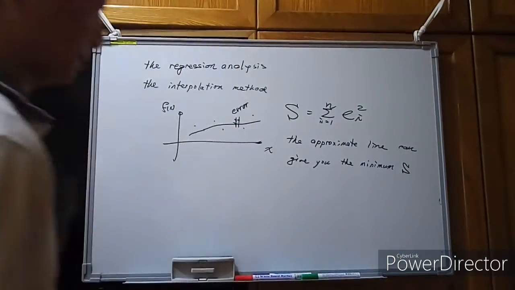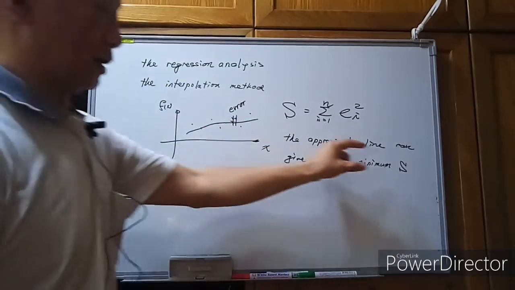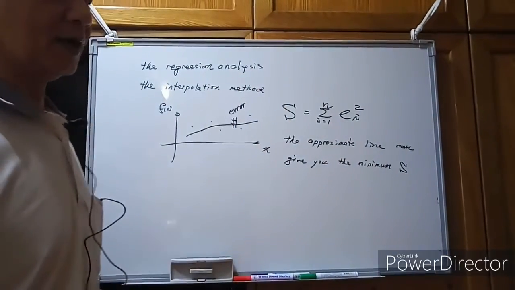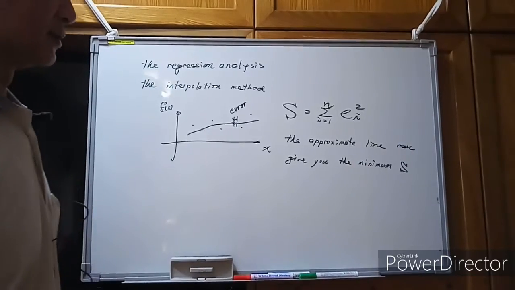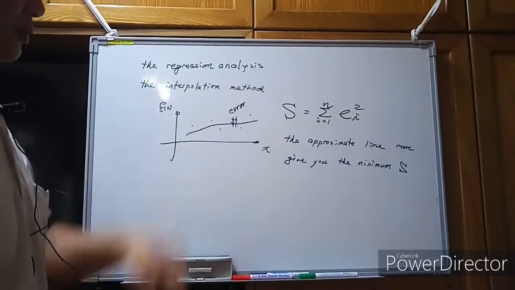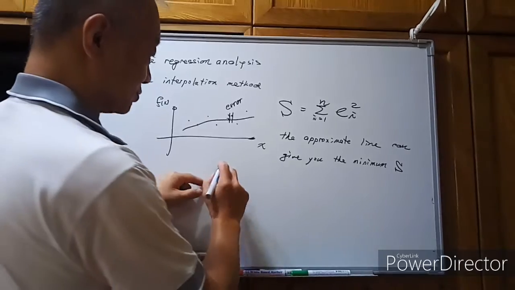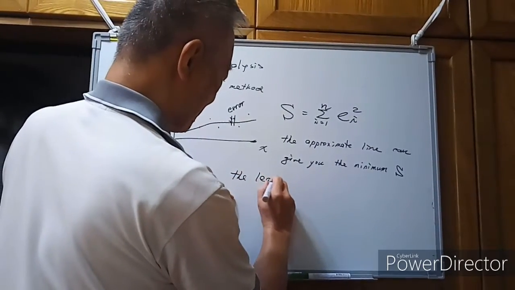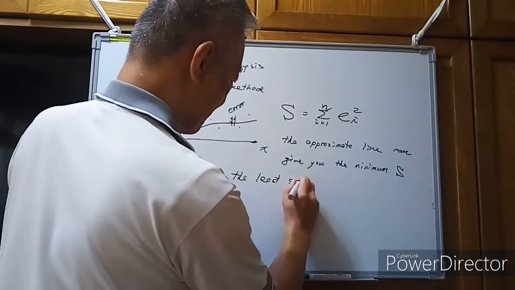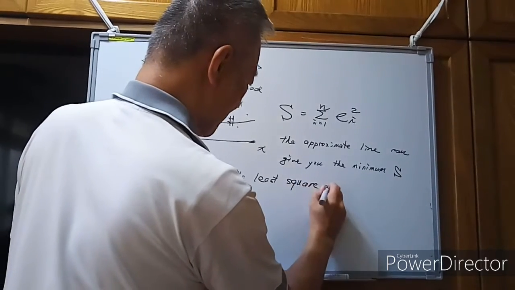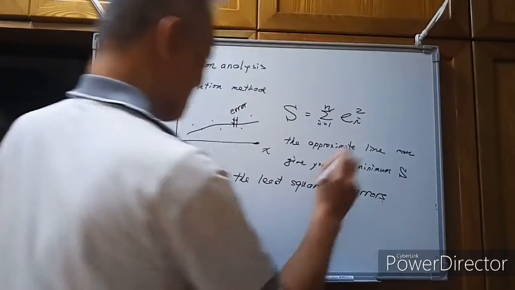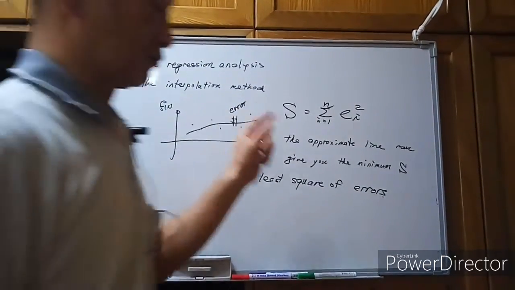Okay, so the purpose of the approximate line, it should give you the minimum of the capital S. So the regression analysis, or sometimes it is also called the least square analysis. Okay, so the least square of the errors.